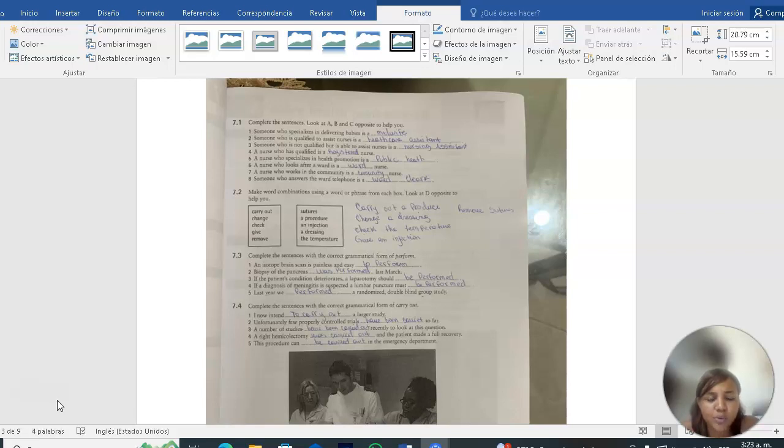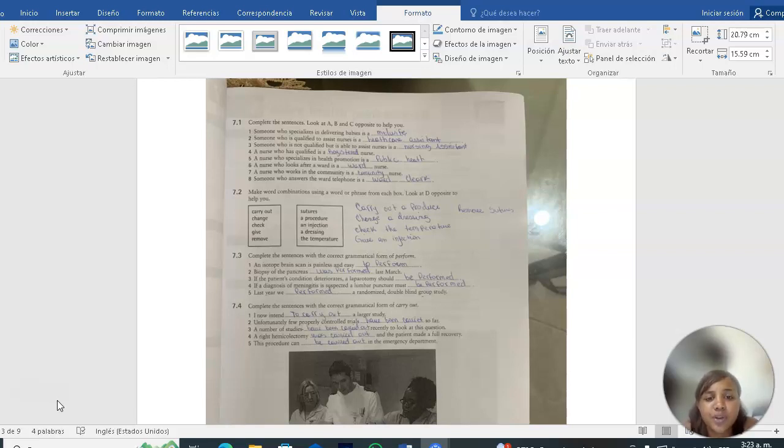A nurse who has qualified is a registered nurse. A nurse whose specialty is health promotion is a public health nurse. A nurse who looks after a ward is a ward nurse. A nurse who works in the community is a community nurse. Someone who answers the ward's telephone is a ward clerk.